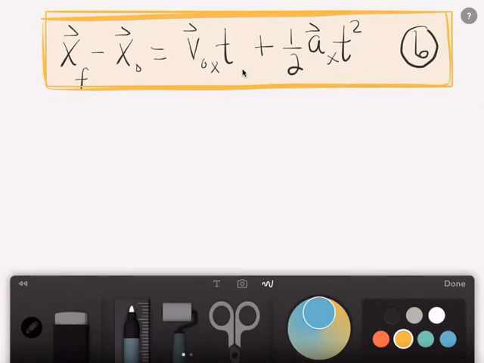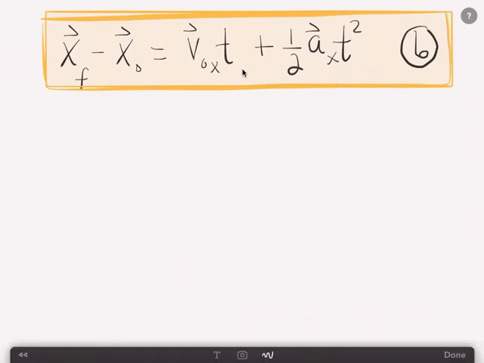Okay, let's go ahead and write equation number 7. And equation number 7 is going to be tied so much to this. If we consider, instead of our balls moving horizontally, that they'll move vertically.